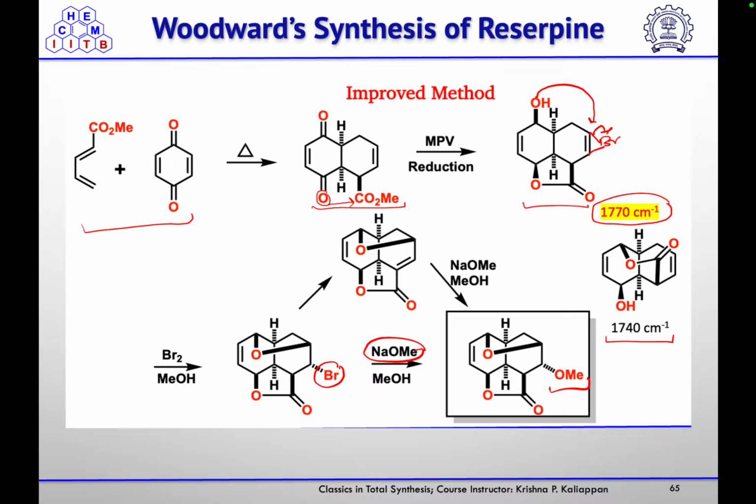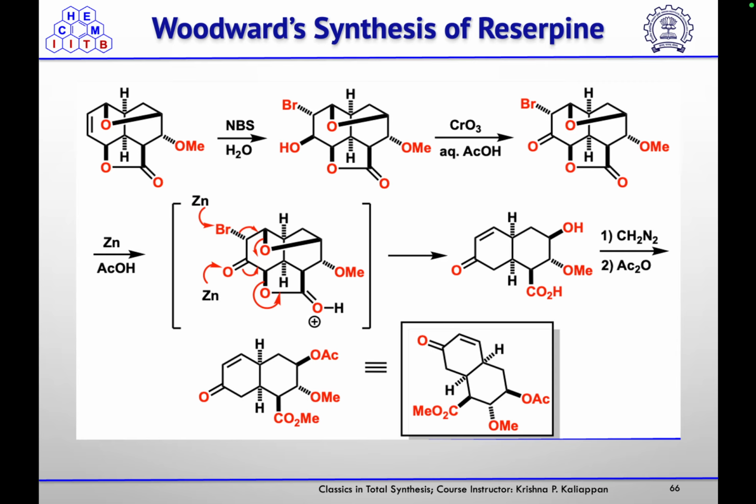In this case also, first the enone will form, then sodium methoxide will attack from the convex side to get the same methoxide in the same face as that of the bromine. If it is an SN2 substitution, then stereochemistry must change. But it is not changing. That means the enone is forming first, and then 1,4 attack from the convex face.